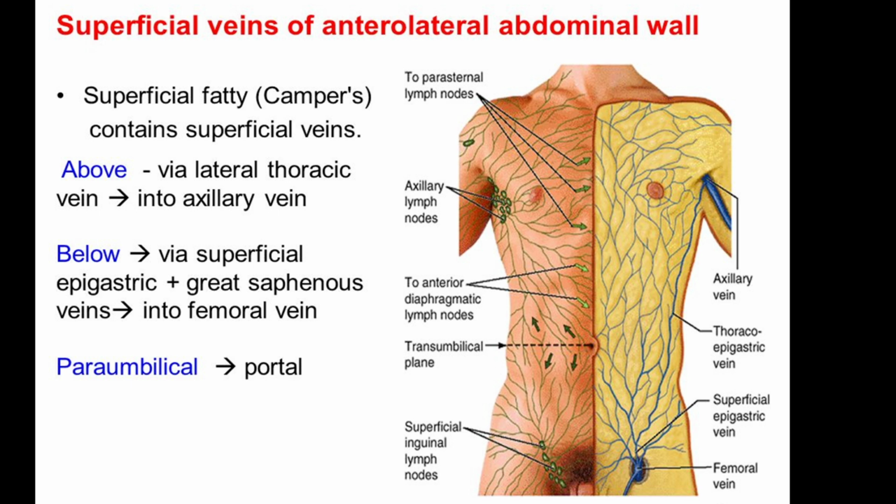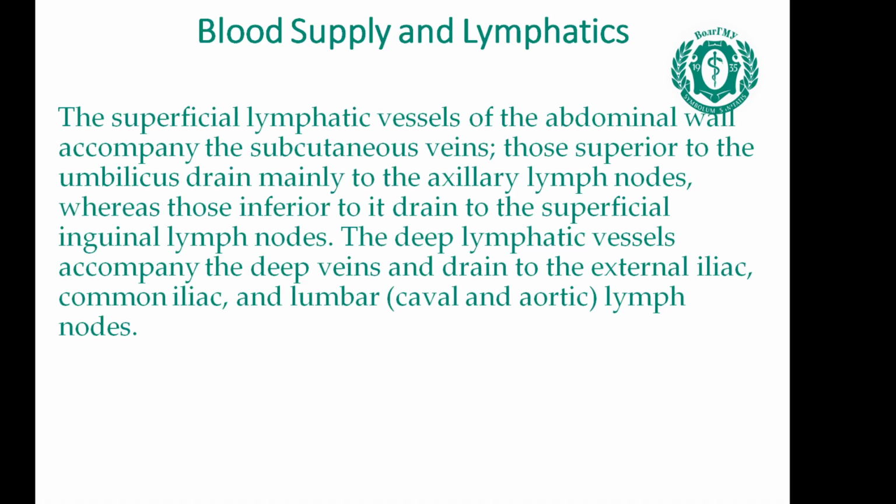And in case of blockage of those main veins, the veins of the abdominal wall that are located within the subcutaneous tissue are enlarged, and we can see those veins, and this clinical sign is called the caput Medusa.